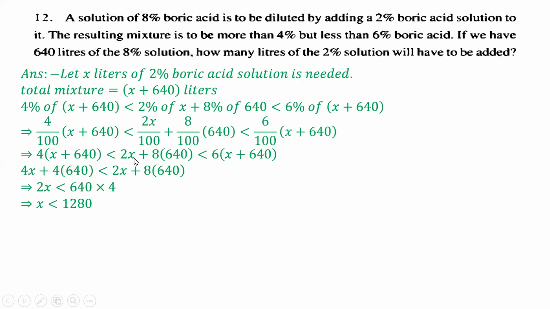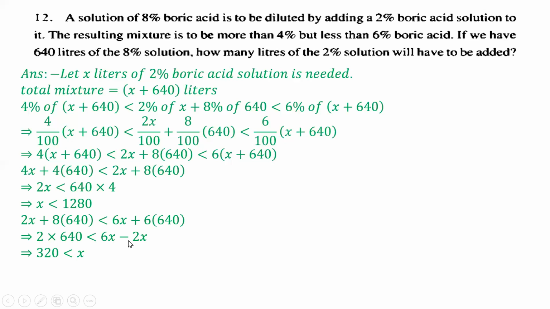Now take the second part. So 2X plus 8 into 640 less than 6X plus 6 into 640. Same as before, take the constant term to one side and the X term to the other side, you will find 8 minus 6 is 2. So 2 into 640 less than 6X minus 2X. So ultimately 320 less than X.